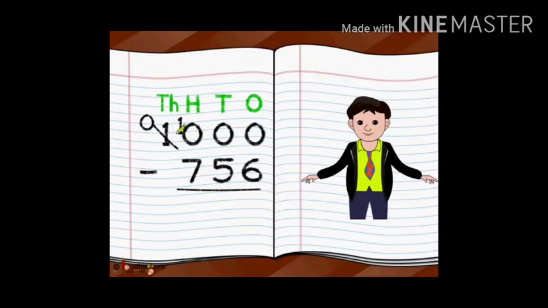Now 1 is added to the 100th position and it becomes 10. Now he also wants to give one number to his neighbor tens. He gave one number to his neighbor tens and 10 is reduced by one and becomes 9, and 1 is added to the tens position like this.